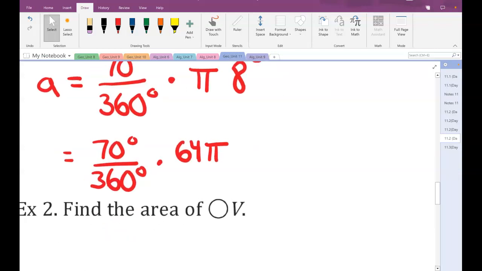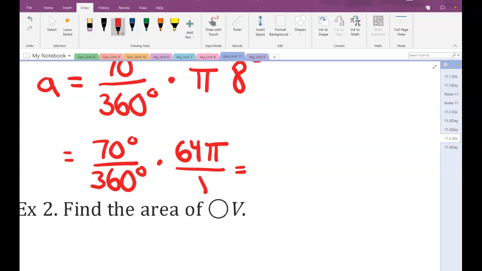And when we're at this point, you can think of it as multiplying 2 fractions together. You could write 64 pi as 64 pi over 1. So you multiply what's on the top together, and we multiply the bottom. So again, you take 70 times 64, and you keep the pi on there.